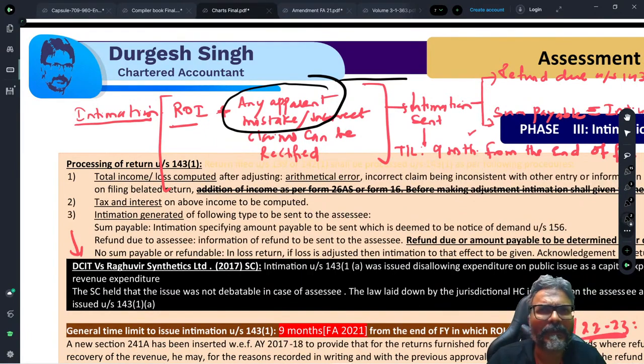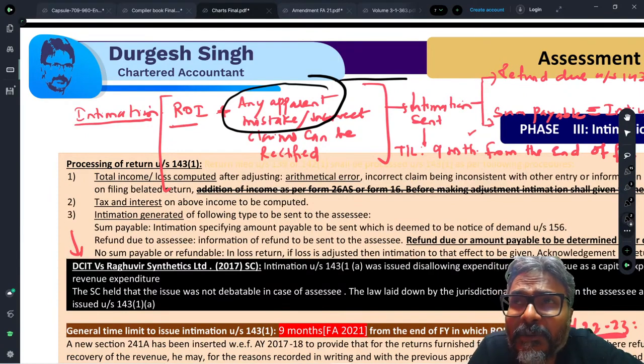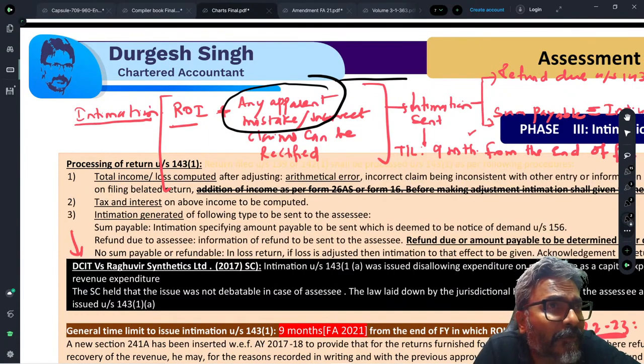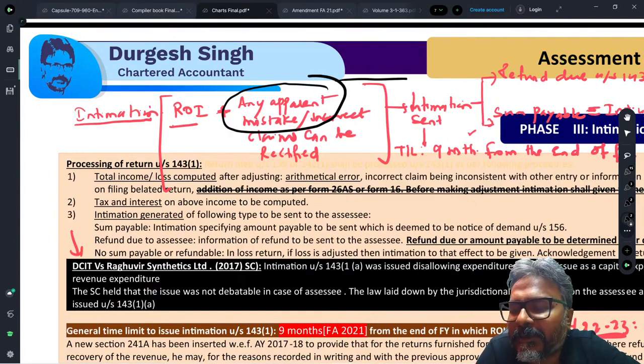Once it was processed, the assessing officer rectified the return based on that High Court judgment. Accordingly, some sum payable got generated, became due, and was called upon through the intimation under 143(1).